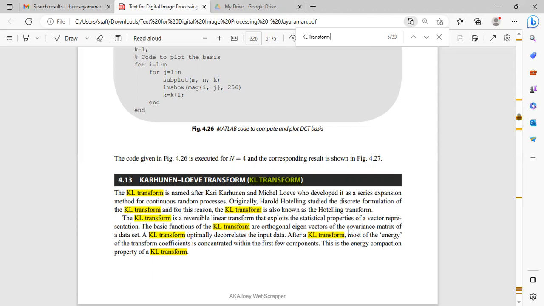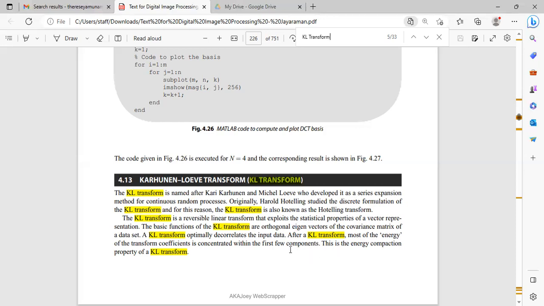What are they? You have to find the covariance matrix, and the basis functions of the KL transform are orthogonal eigenvectors. So what all should you find out? You have to find out the covariance matrix and also the orthogonal eigenvectors of the covariance matrix.